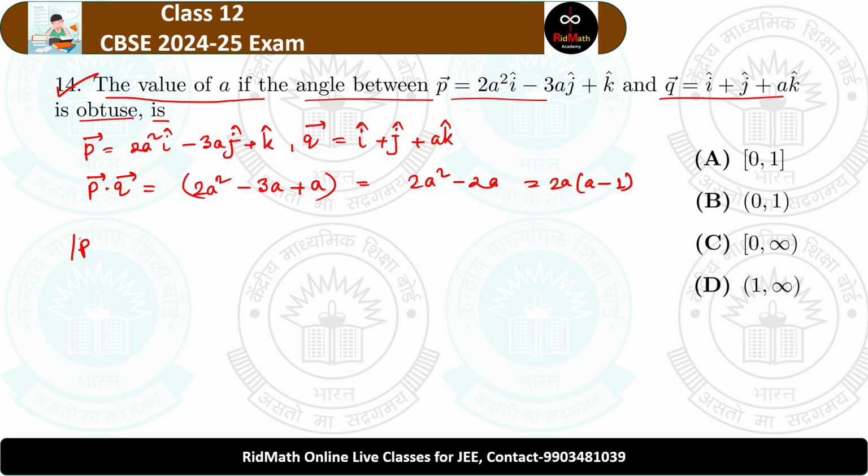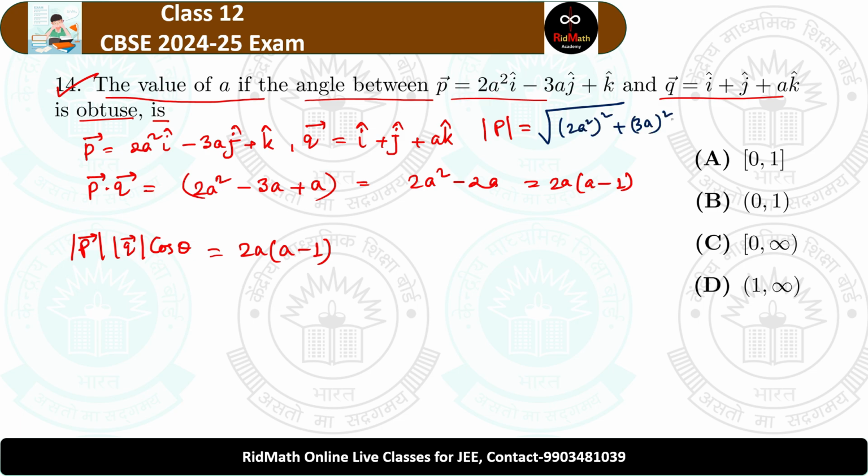What is P dot Q? P dot Q is mod P into mod Q into cos theta. This is equal to 2A into A minus 1. What is mod P? Mod P is equal to root over 2A square whole square plus 3A square plus 1 square, and mod Q is equal to root over 1 square plus 1 square plus A square.